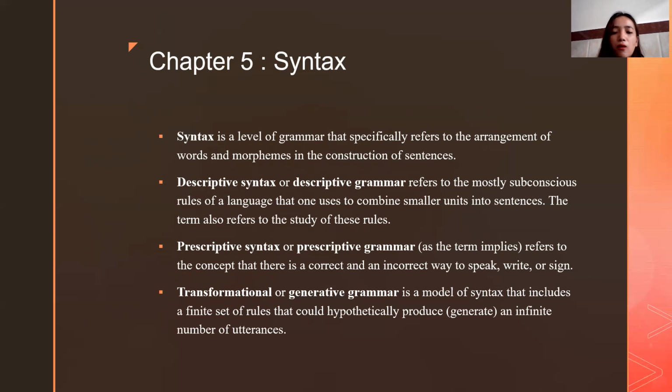Prescriptive syntax or prescriptive grammar, as the term implies, refers to the concept that there is a correct or incorrect way to speak, write, or sign. Transformational or generative grammar is a model of syntax that includes a finite set of rules that could hypothetically produce an infinite number of utterances.